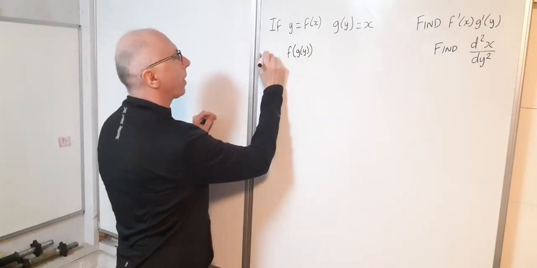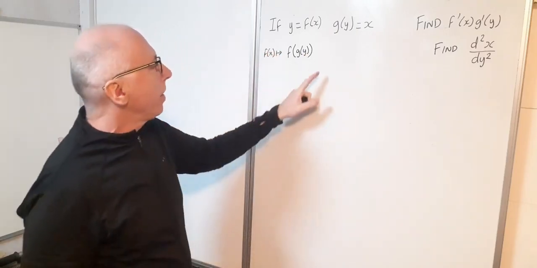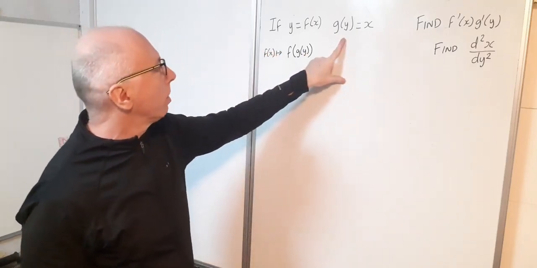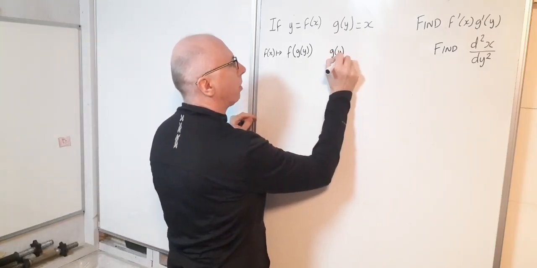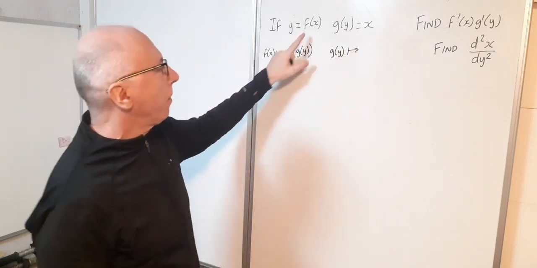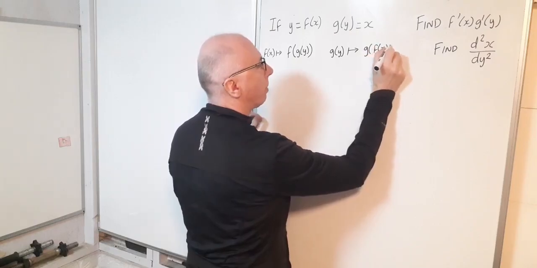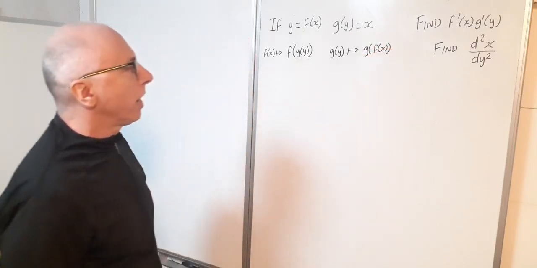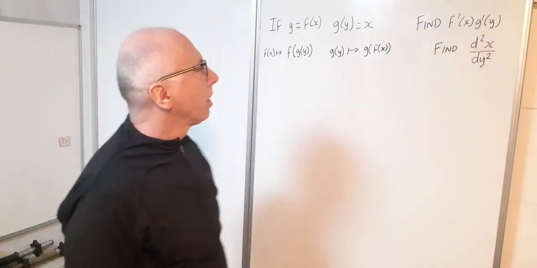So that'd be my f of x. So that can map to that one. And then let's get this g of y in terms of something. So then g of y, I know what y is, f of x. So that becomes g of f of x. And now what I want to do is try and find what this is.